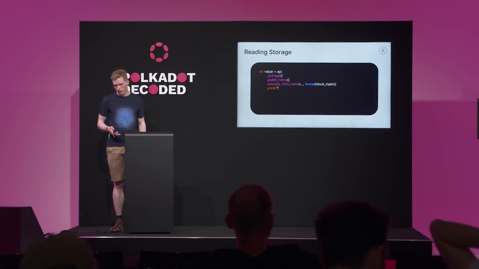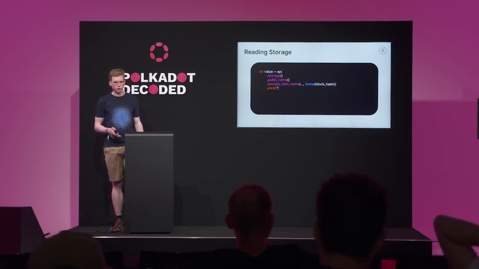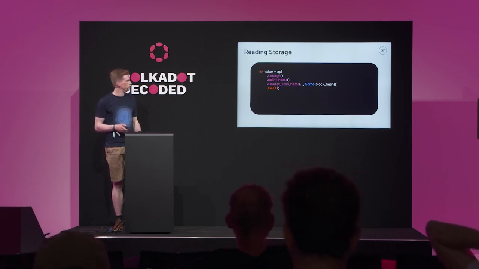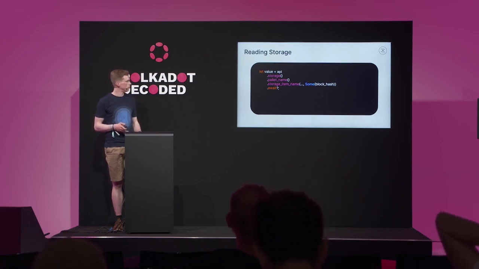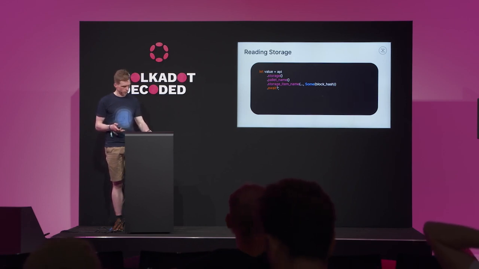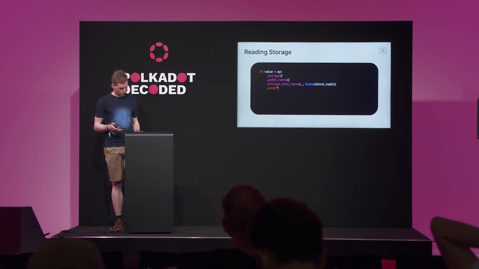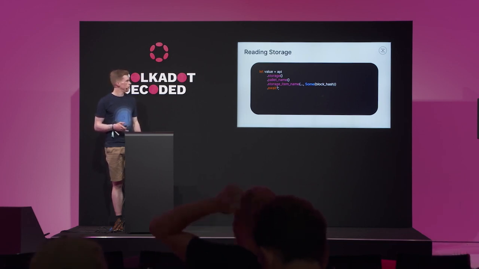Okay, now we get into what we can do with the client. The first thing I'd like to draw on is reading storage. I should mention that with Subxt, everything is derived for you at compile time, and we have a reference to the client in some of these APIs.